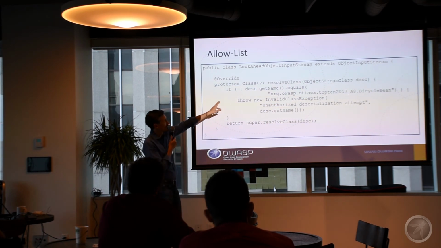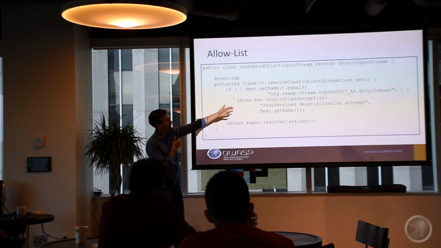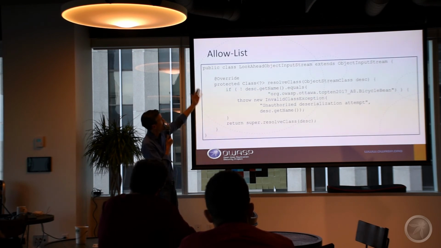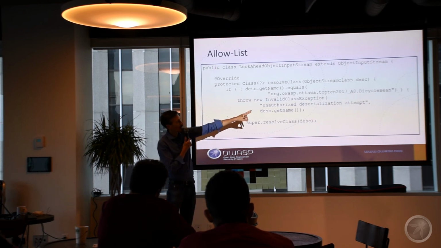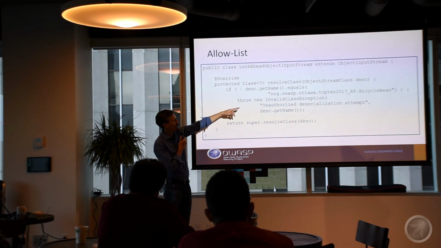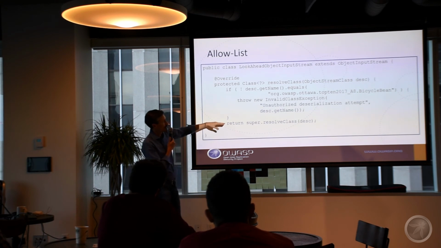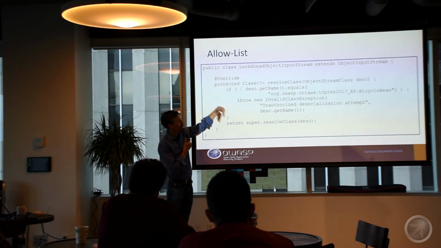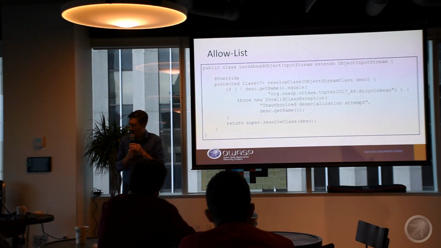So all you have to do is call getName on the desc and decide whether you accept or not. So in this example, allow list, anything that is not our bicycle bean class, I throw an exception. Otherwise, I proceed by calling the same method on the superclass. So proceeding as normal.